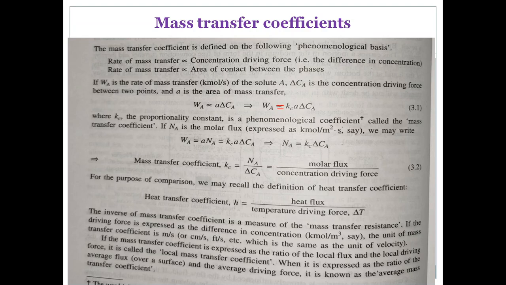Concentration I can express as a gas phase partial pressure, mole fraction, then concentration, moles per volume, kilomoles per volume, then liquid phase mole fraction. There are so many varieties of that. So I can express this concentration driving force in different ways. But in case of heat transfer, it was delta T. There is not much change. But here it can be expressed in different forms.